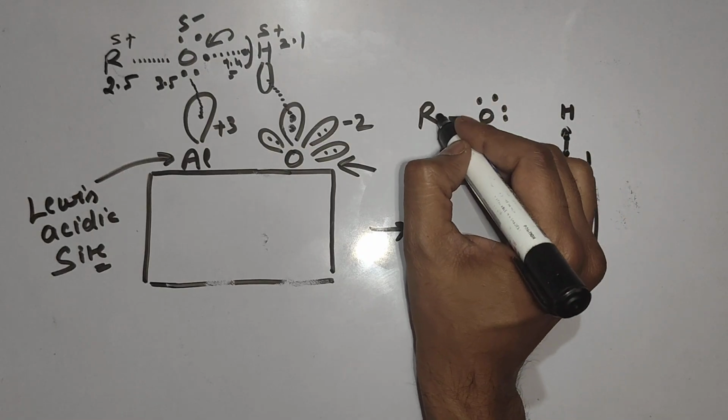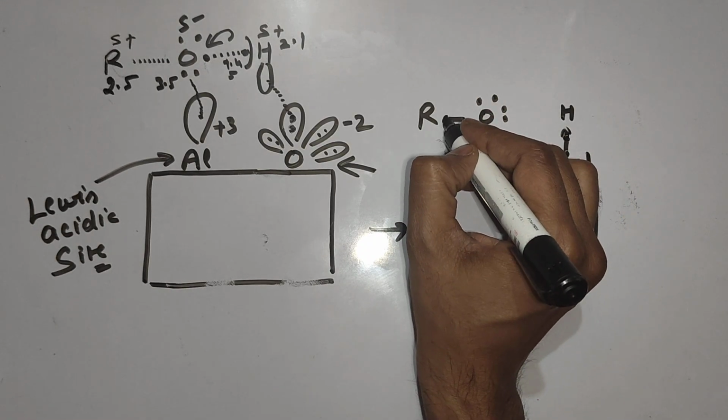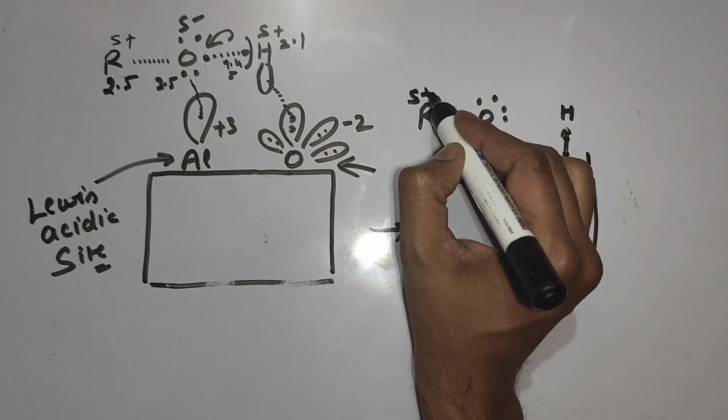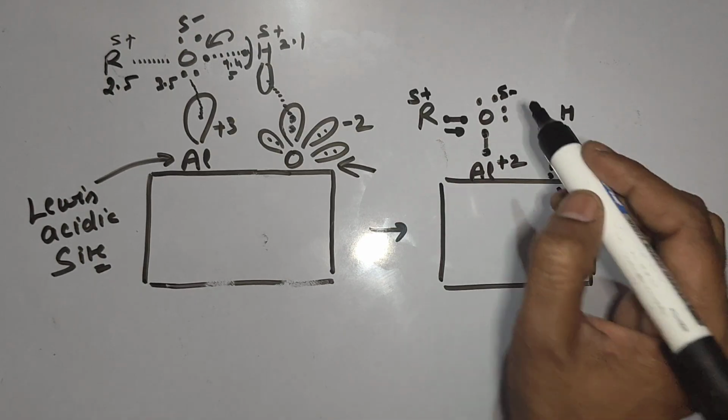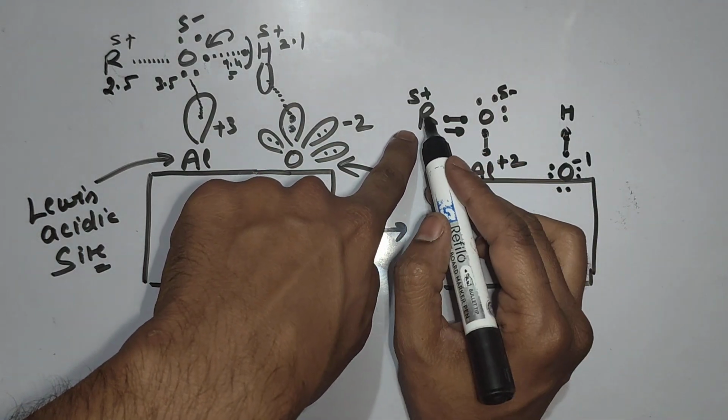Now this R contains carbon. Obviously carbon and oxygen: oxygen is more electronegative. Carbon is carrying a partial positive charge, and oxygen is carrying a partial negative charge. In this condition, first of all let me tell you what we call it, RO.